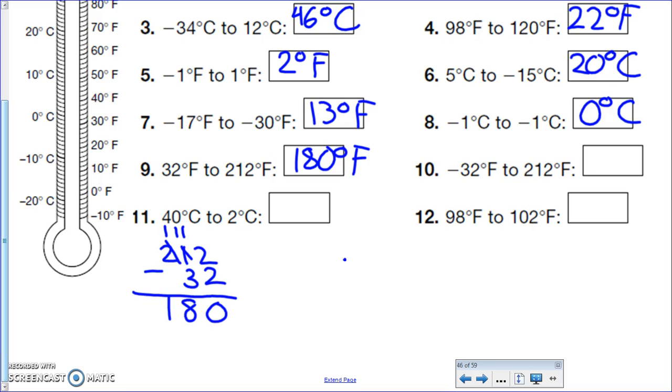And we get 180 degrees Fahrenheit. For number 10, we have negative 32 degrees Fahrenheit going to positive 212 degrees Fahrenheit. So we're just going to add the two numbers together this time, which gets us 244.